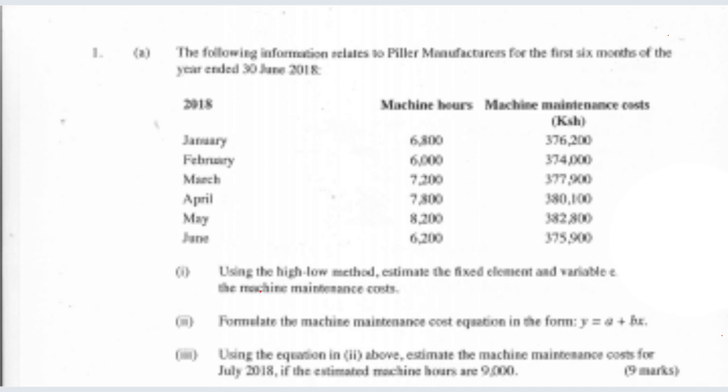So our a is 350,000, plus b is 4. So that is the formulated machine maintenance cost equation in the form of y is a plus bx. You have to declare the value of a and declare the value of b, meaning that if you have a change in x, it will affect the change in y.